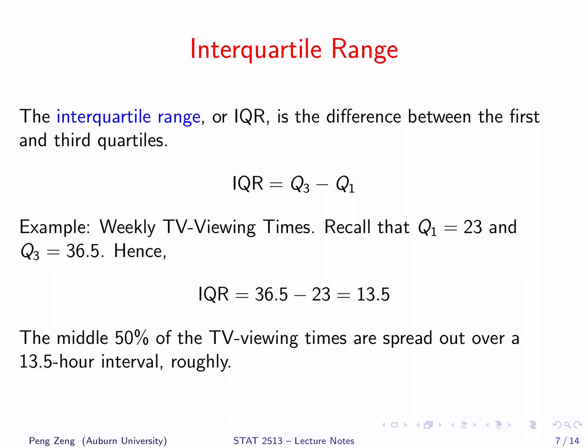Hence, the interquartile range is their difference, or 13.5 hours. The middle 50% of the TV viewing times are spread out in an interval of length 13.5 hours.